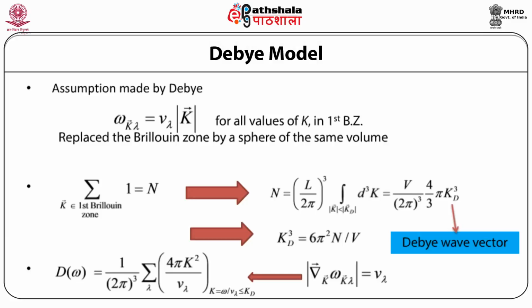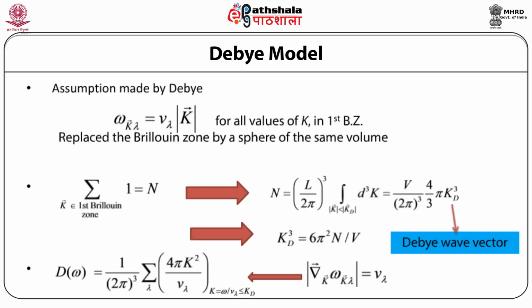Now, since summation over k, which belongs to the first Brillouin zone, is equal to N, we find that N becomes equal to V by 2 pi whole cube integration over all k less than a certain value of k, which we termed as kD, and this integration is of d cube k, which gives us V divided by 2 pi whole cube times 4 by 3 pi kD cube. The parameter kD is here now called the Debye wave vector.